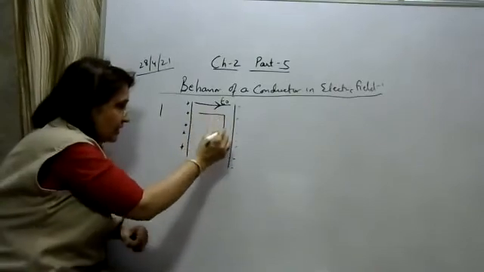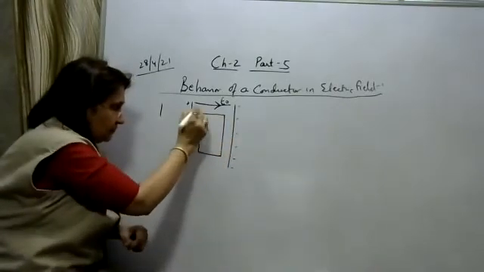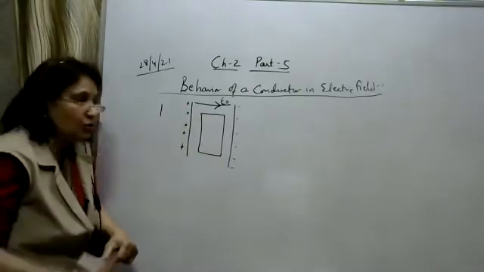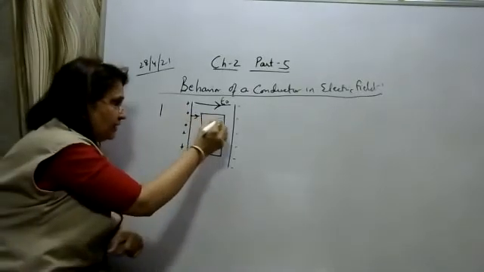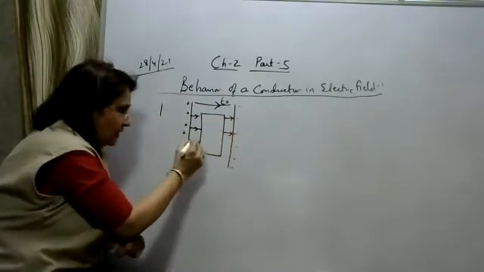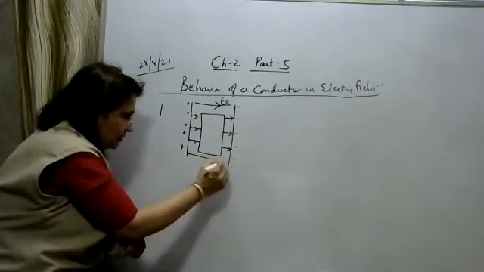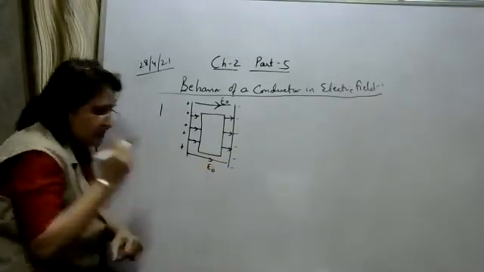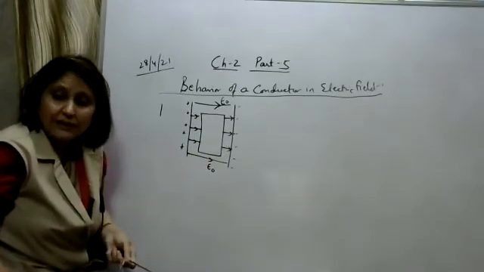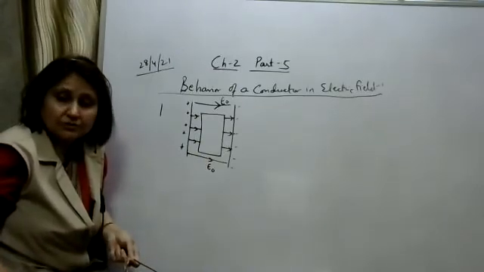Now let us place a conductor in this uniform electric field. So this is the external electric field E naught, and a conductor is placed inside this uniform electric field. We know that the conductor has mobile electrons, free electrons.